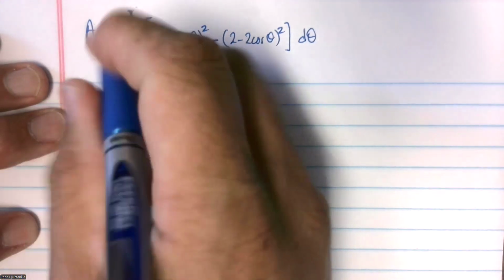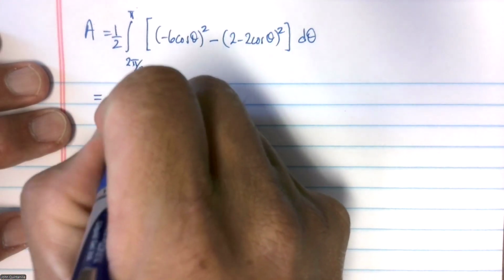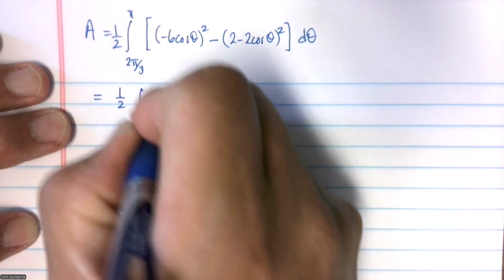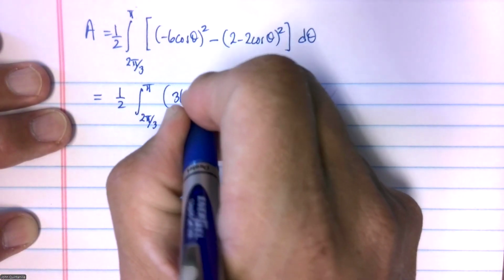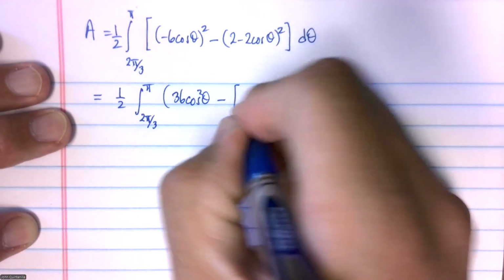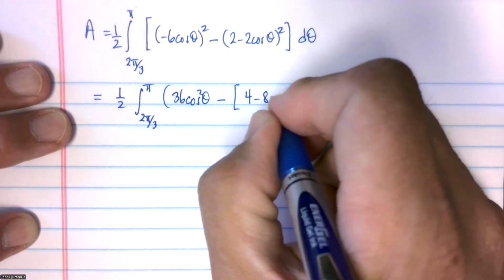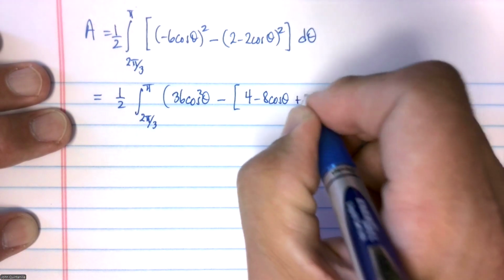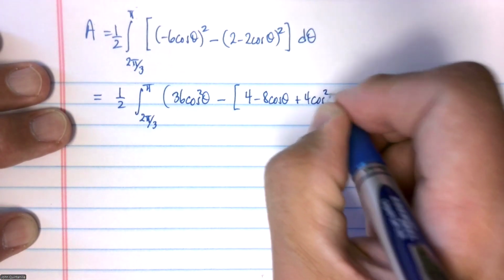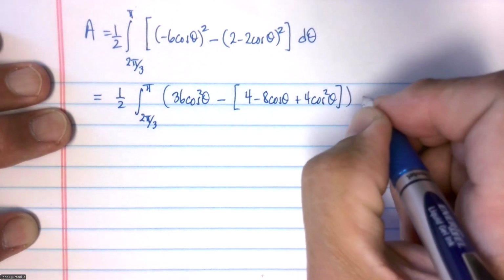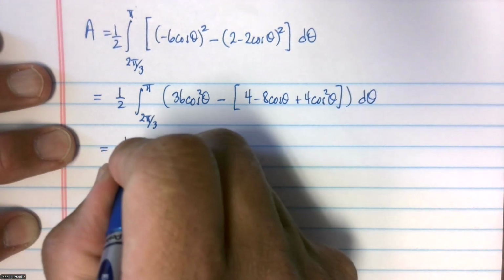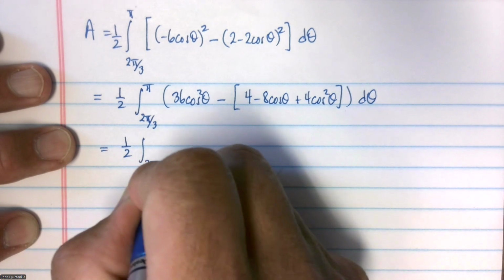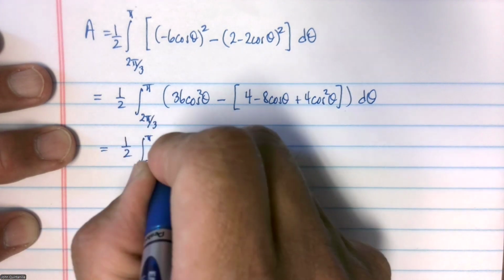So this is equal to 1/2 integral from 2 pi over 3 to pi of 36 cosine squared theta minus 4 minus 8 cosine theta plus 4 cosine squared theta, d theta. So 1/2 integral from 2 pi over 3 to pi.